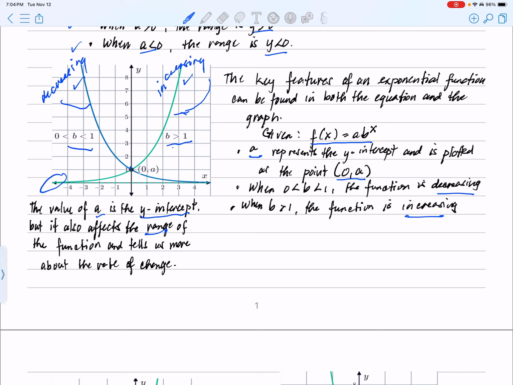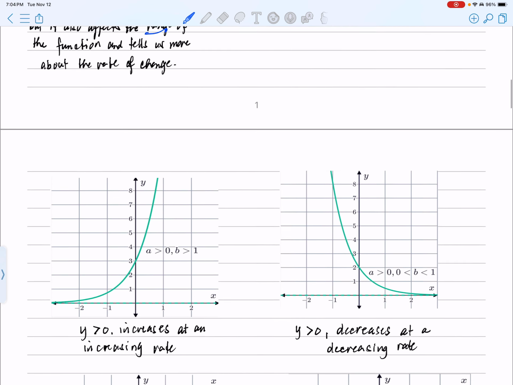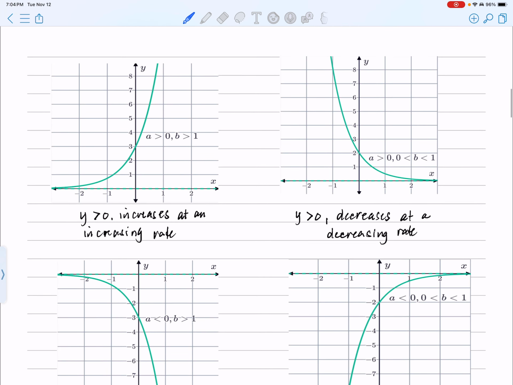So let's move on. Let's look at how the graph goes regarding the range greater than 0 and the range less than 0.